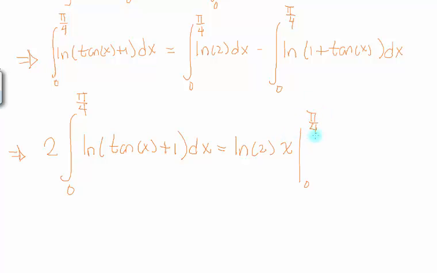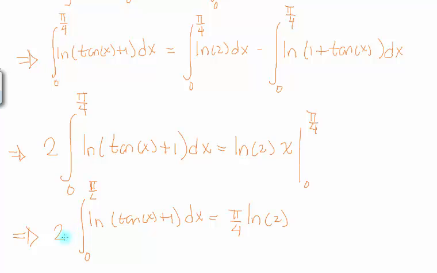Now when we evaluate, pi over 4 is just pi over 4, and 0 is just 0. So what we really have here is that 2 times the integral from 0 to pi over 4 of ln of tangent of x plus 1 dx equals pi over 4 ln of 2.